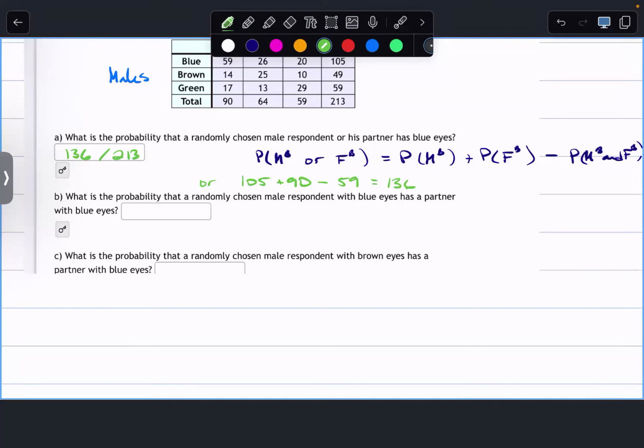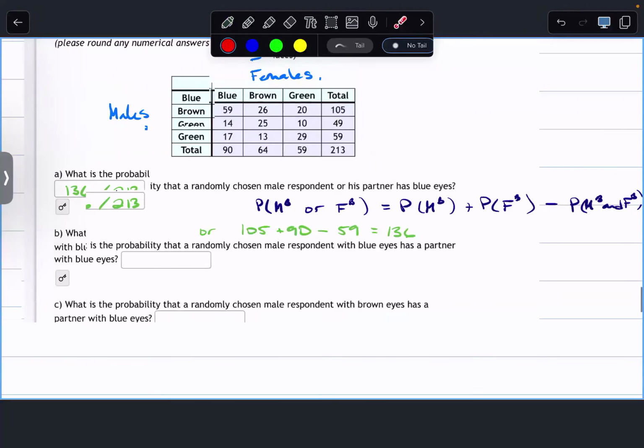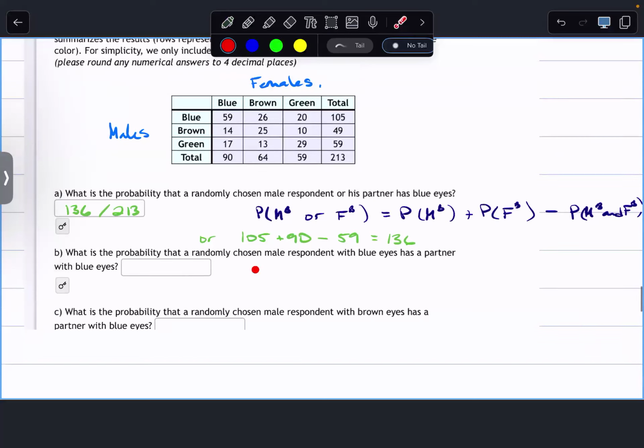So you can do it with the probability notation, but that takes a couple more steps, but you'd end up in the same location, or just using the counts and then dividing by 213, right? That's probably not the one that you were looking for. Probably the second one. It's the one I always get.